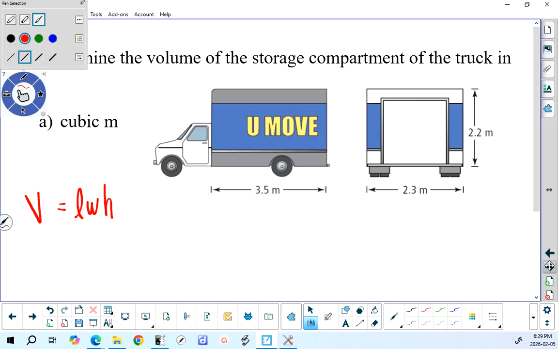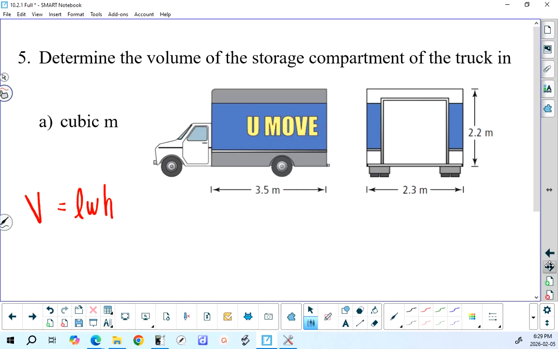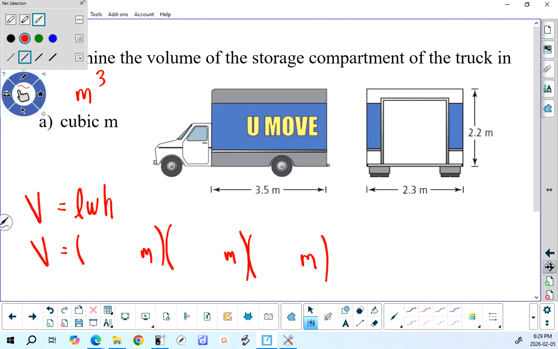And because of that, you're going to get units cubed, because we're about to take a length that's in meters, a width that's in meters, and a height that's in meters, and multiply them. And when you multiply meters by meters by meters, you get cubic meters.